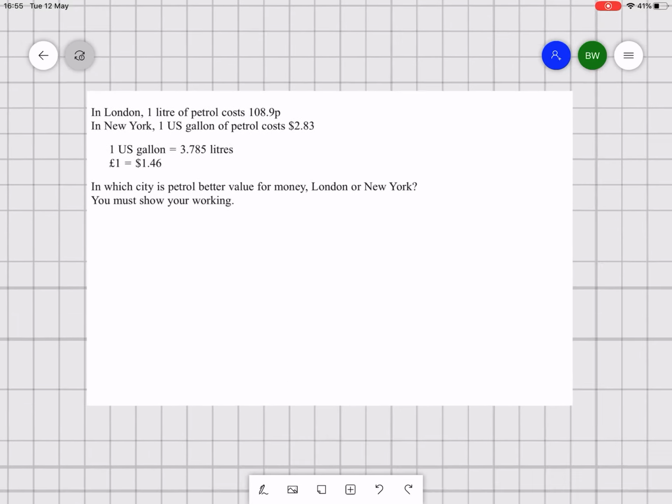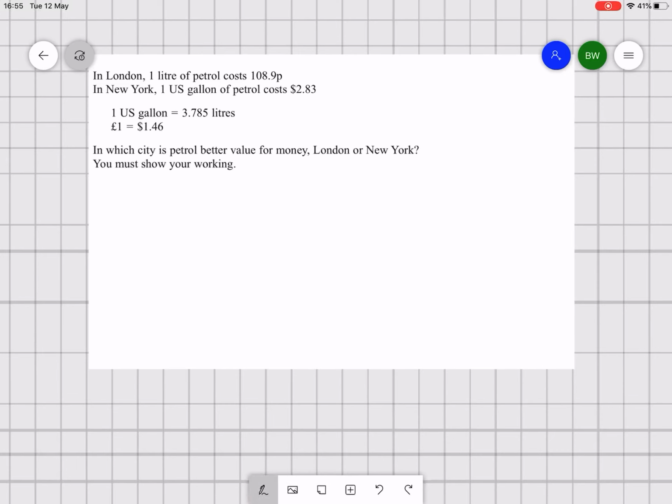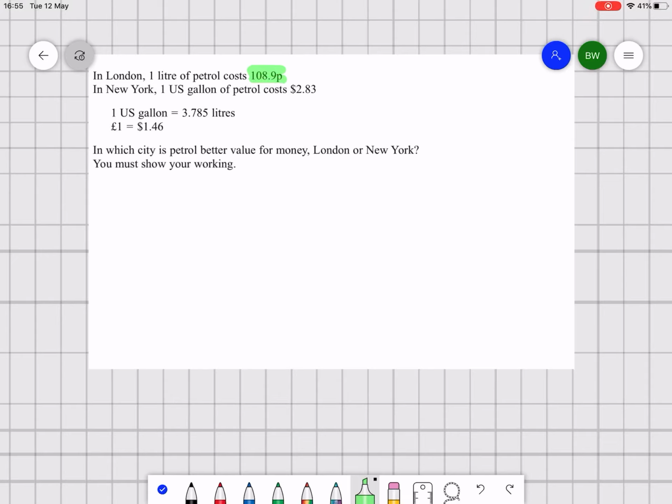Okay, third question. So give that one a go. In London, 1 litre of petrol costs 108.9 pence. In New York, 1 gallon of petrol costs $2.83. 1 gallon is 3.785 litres and £1 is $1.46. Which city is the petrol better value, London or New York?